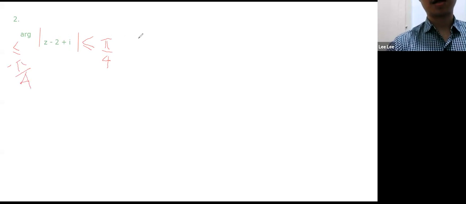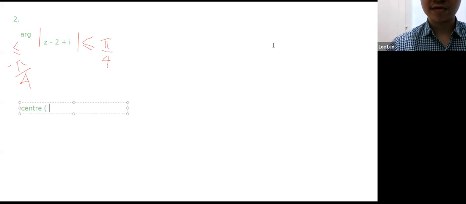So if you see this model, this one is like you talk about angle. So now you have to identify the center of your drawing first. The center of the drawing will be, take out the negative, so I give you 2 and negative 1.